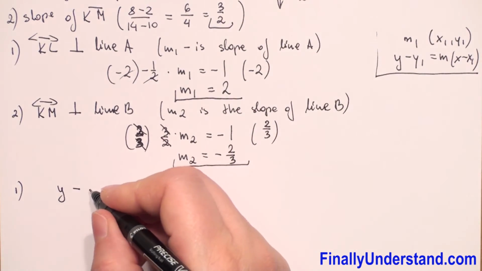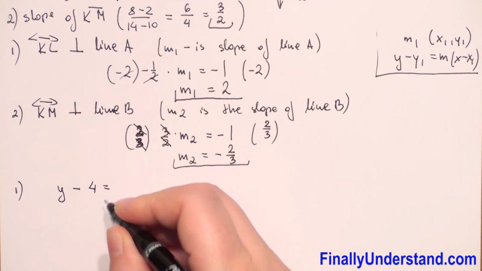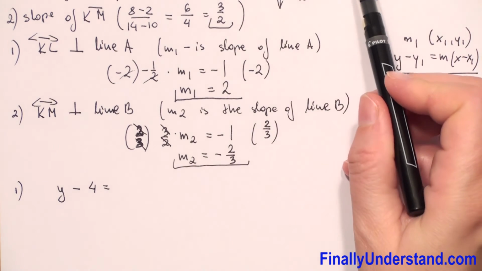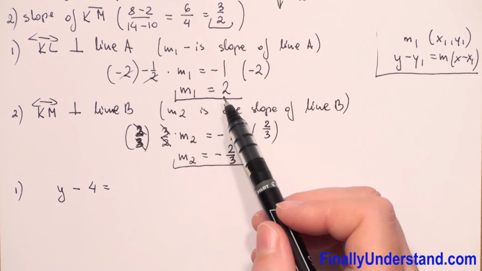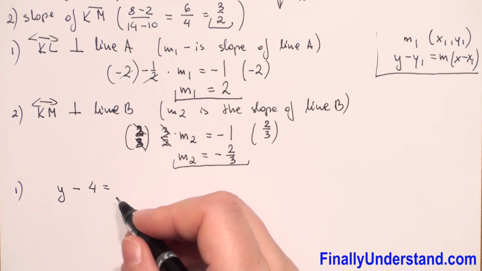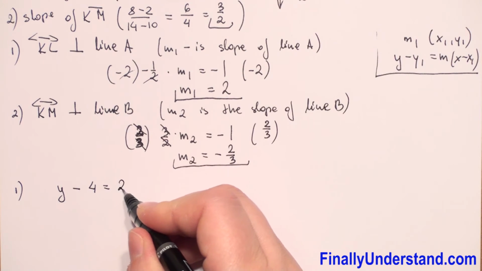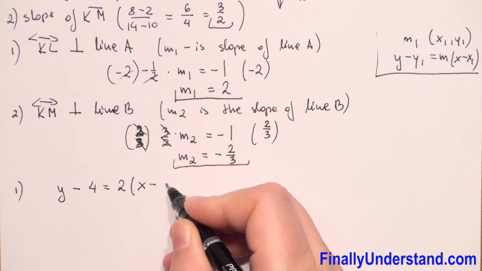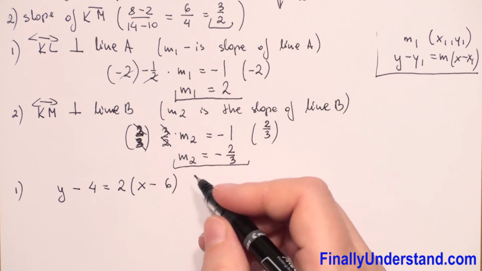So we have y minus 4 is equal to the slope of the line which passes through point A, which is 2, and in parentheses we have x minus x1, which is 6.